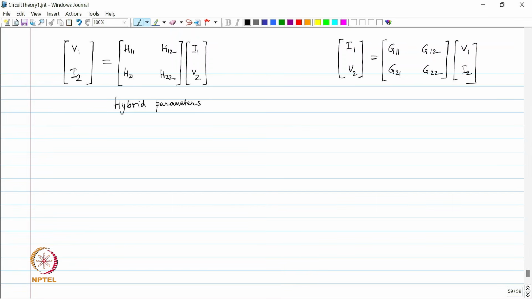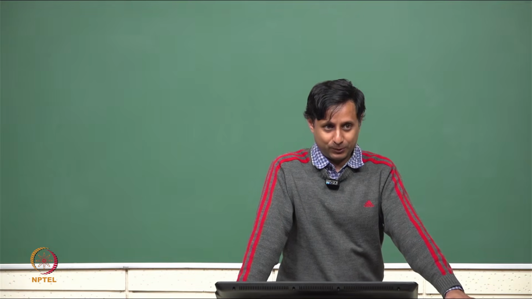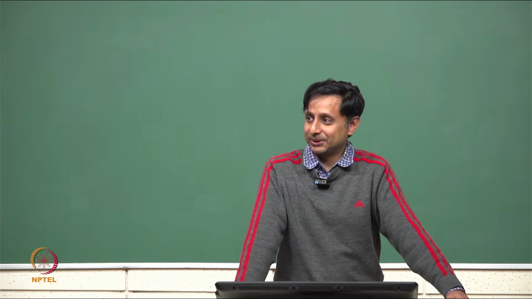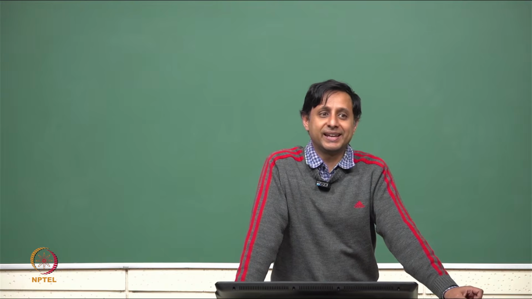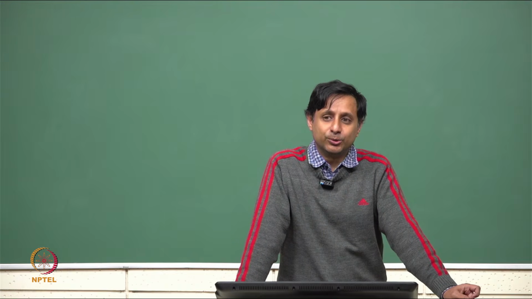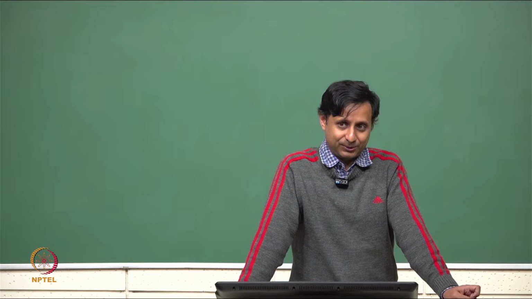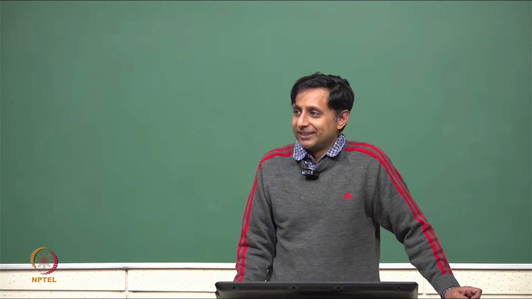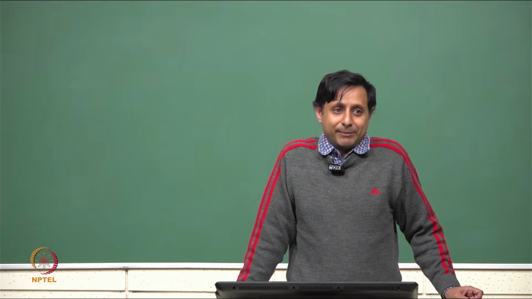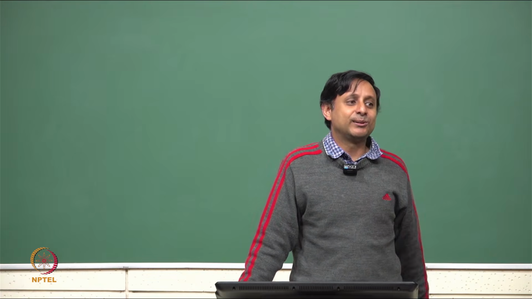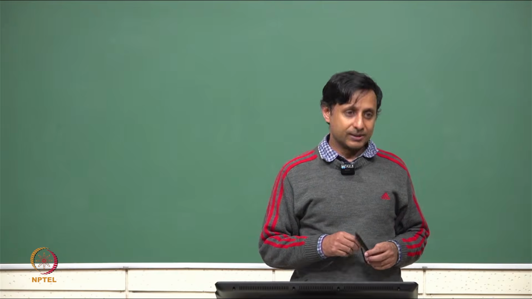We are going to use G parameters over here. Right, these are both hybrid parameters, just that you will have to memorize which is which. Okay. The one I have written down is what it is, right. Whenever we say H, I 1 and V 2 are the independent parameters. All right. Off the cuff, it is not so straightforward to memorize, but with a little practice you will realize what is going on. Okay, thank you.